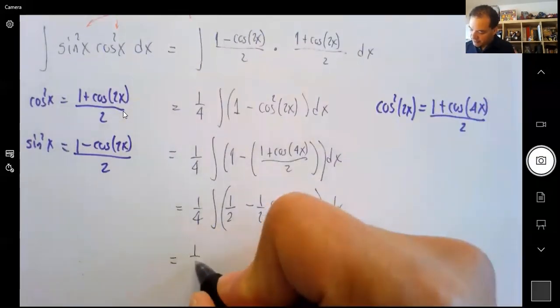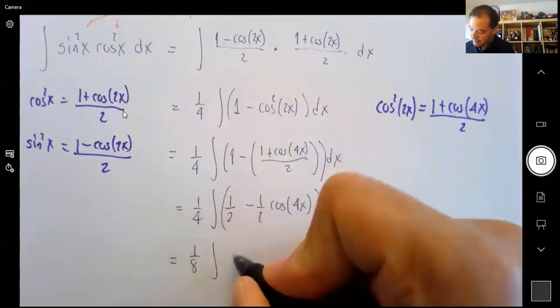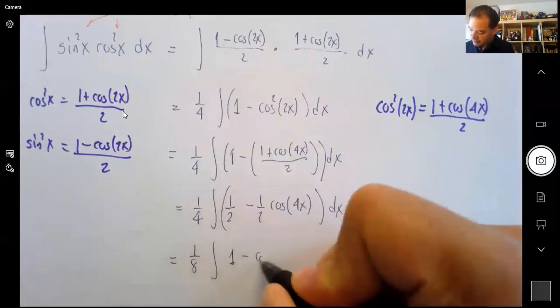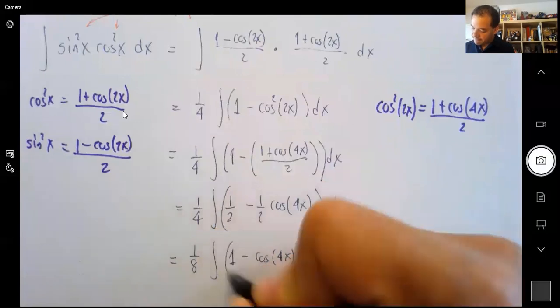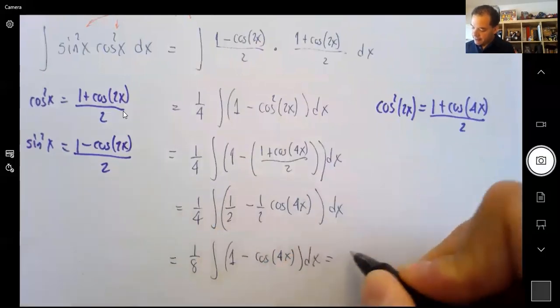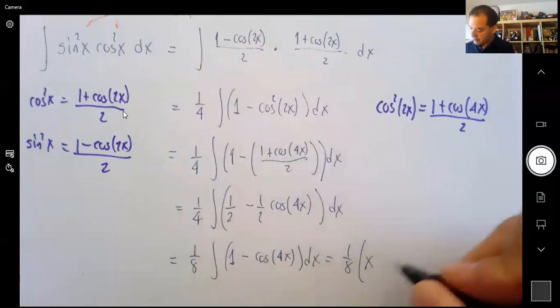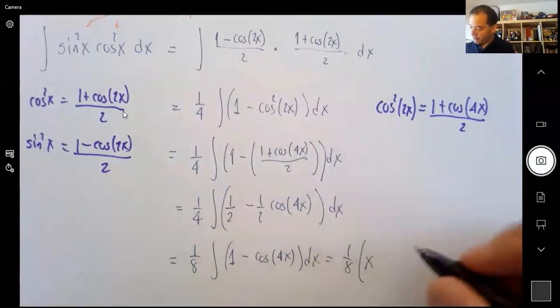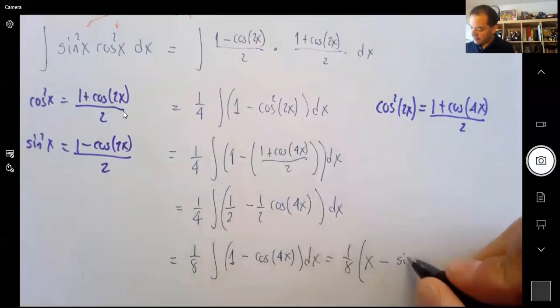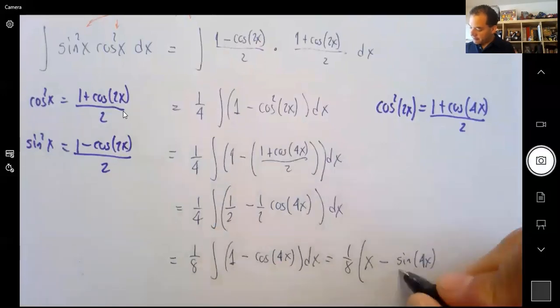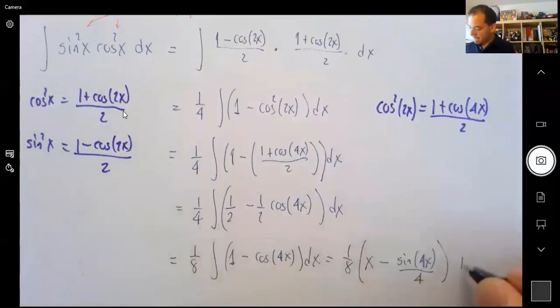So it will be 1/8 the integral of 1 minus cosine 4x. And now I'll integrate here. So the integral of 1 is x, and the integral of cosine 4x is sine 4x divided by 4, and plus a constant c, right?